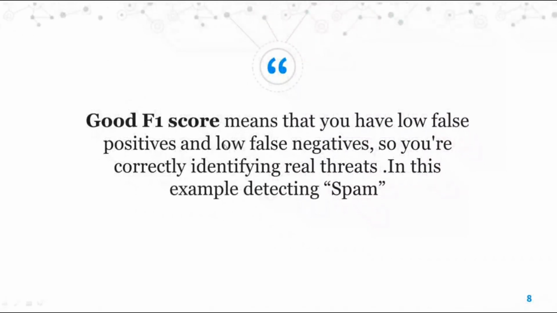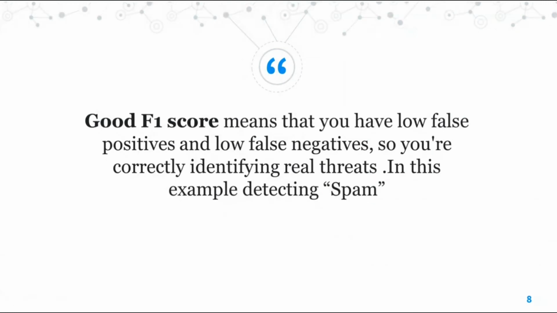A good F1 score means that you have low false positives and low false negatives. So, in use cases where you want to focus more on false negatives and false positives, the F1 score will be a good accuracy metric for your model.